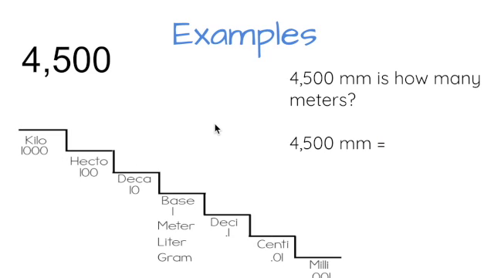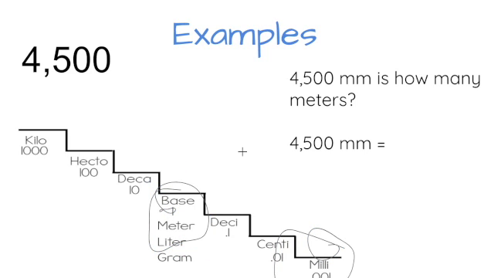All right, let's try our next example. This one gives us 4,500 millimeters and is asking how many meters. Now this one's going to be hopping in the other direction. So we're starting at millimeters and we are ending up at meters, which is our base right here.